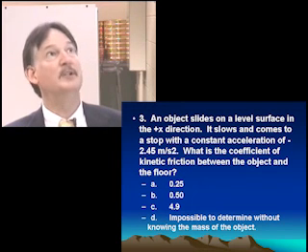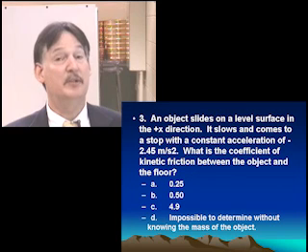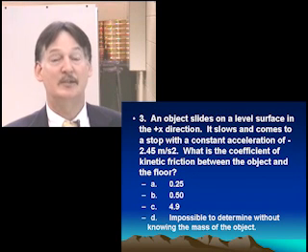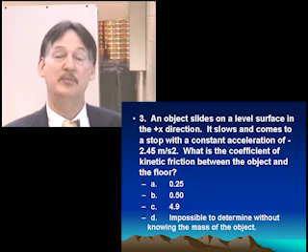Similar problem, an object slides on a level surface and comes to a stop. The only reason it comes to a stop is because friction is present. Friction is acting to slow it down, just as in the previous problem that we had done.